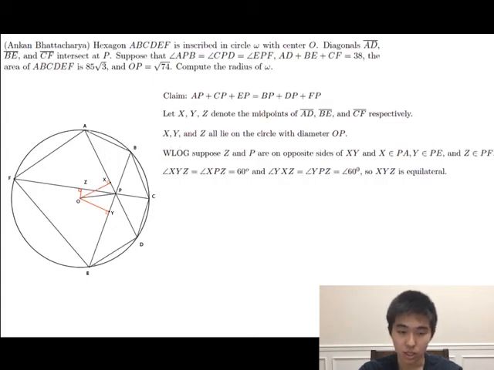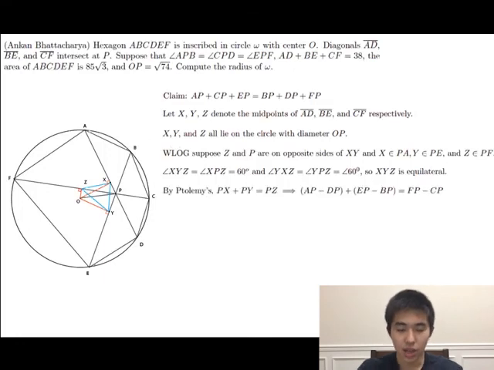And since all six angles are equal and they form a complete 360-degree rotation, then each angle is 60 degrees. So therefore, XYZ is equal to YXZ, which is equal to 60 degrees. That means that this triangle here is equilateral.